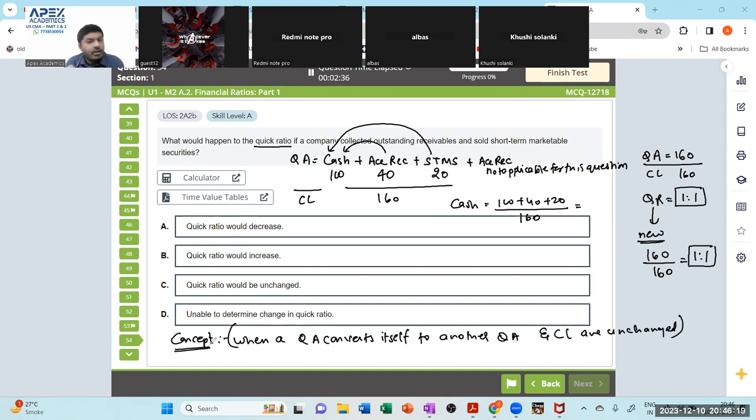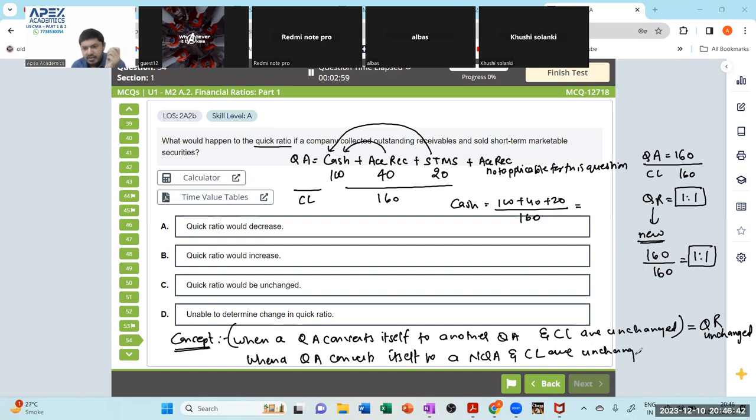In this scenario, quick ratio is unchanged. Agreed or disagreed? But when a quick asset converts itself to a non-quick asset and current liabilities are unchanged, then quick ratio will fall. Do you agree with my statement?